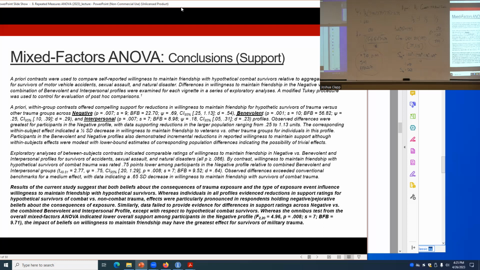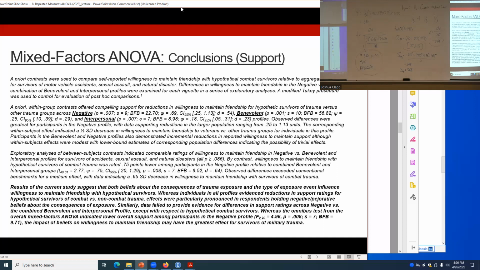Everybody is less interested in helping the military person; it's just particularly pronounced in the negative group. Data failed to provide evidence for differences in ratings across negative versus the combination of benevolent and interpersonal, except in relation to hypothetical combat survivors.